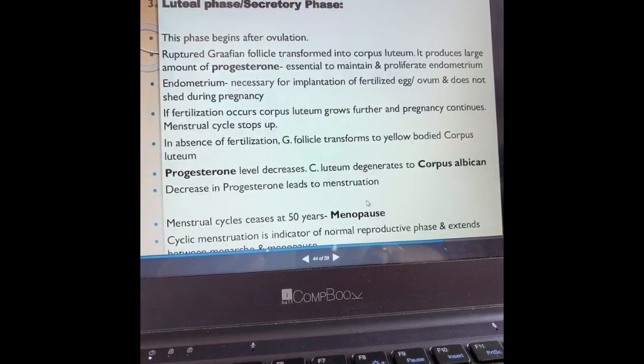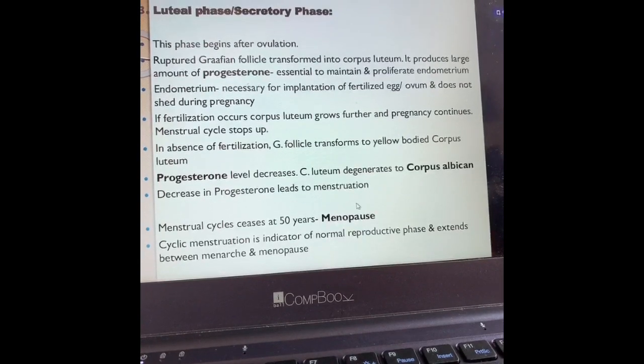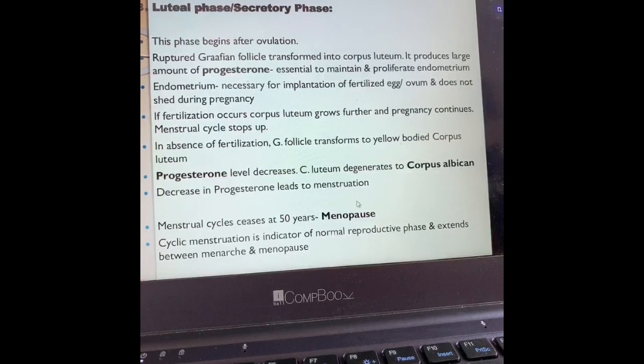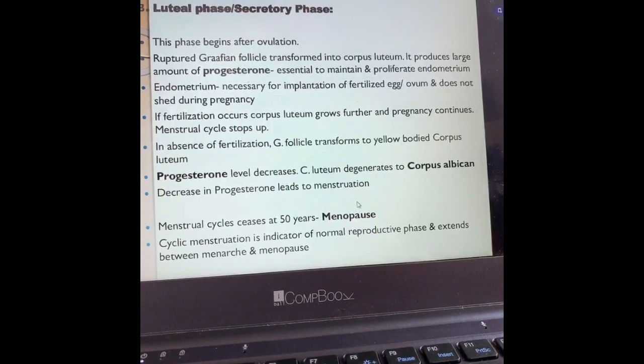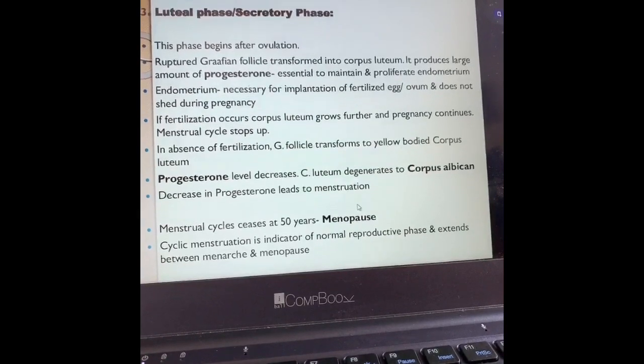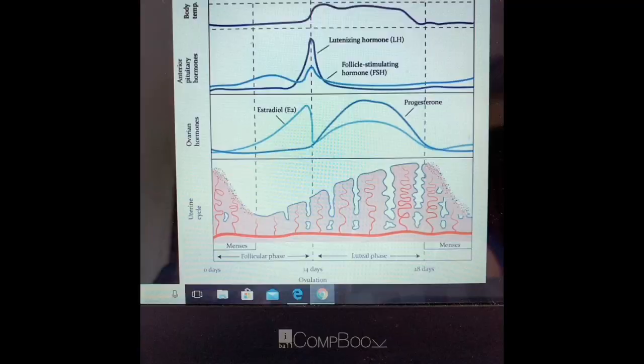The menstrual cycle ceases at the age of 50 and is known as menopause. Cyclic menstruation is an indicator of the normal reproductive phase and extends between menarche and menopause. So the cyclic phases are repeated between menarche and menopause.